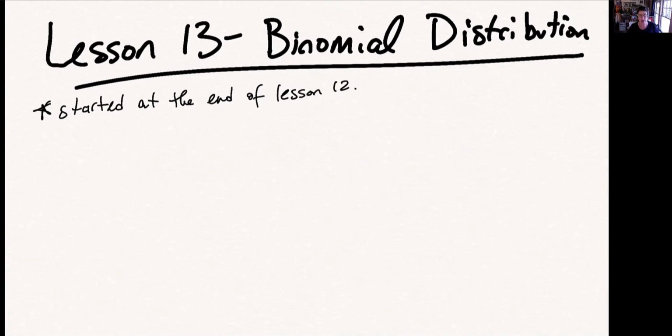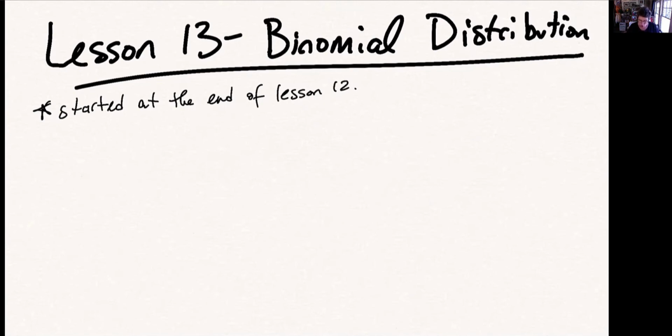So what we just covered in lesson 13 was also covered at the end of lesson 12. So that's why I'm just going to do it all as lesson 13 right here. That way everything's in one place, but just remember you can look back to lesson 12 for some information. There might be some formulas or an explanation there that helps you remember and solidify this information.